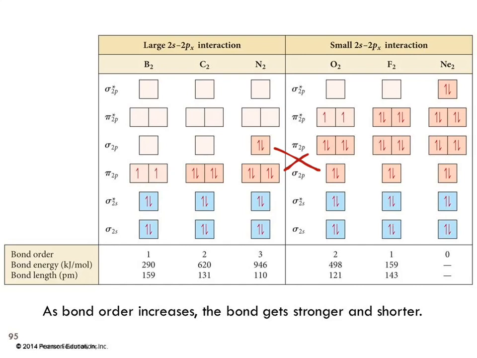Okay, that's what changes. So now, we've got the pi, this is the bonding orbital, is full here. Now we've got 2 electrons in the antibonding orbital. So this bond order is only 2. And as we continue to add electrons into these antibonding orbitals, the bond order decreases. And when we get to neon, we see the bond order is 0, which predicts that neon does not form a diatomic molecule, and that's true, it does not.